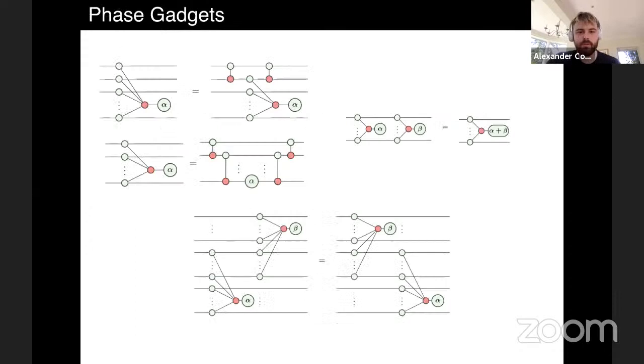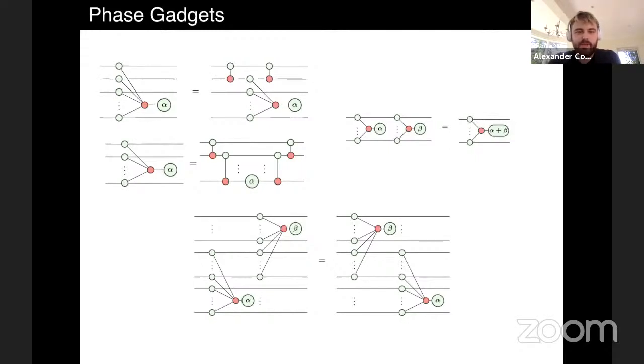Okay, so why do we care about this? Because it gives us a convenient and elegant representation of particular structures in our circuit. So here we have what's called phase gadgets. Phase gadgets correspond to a particular structure in our circuit that has a bunch of convenient algebra.